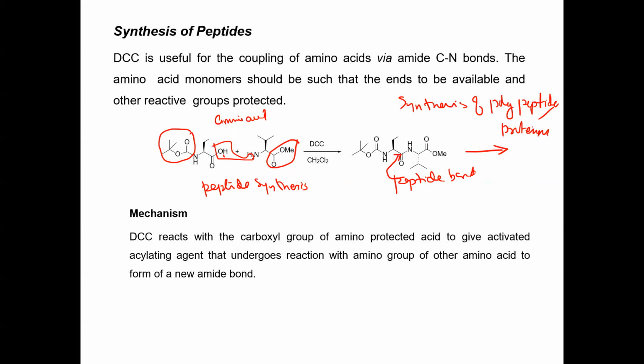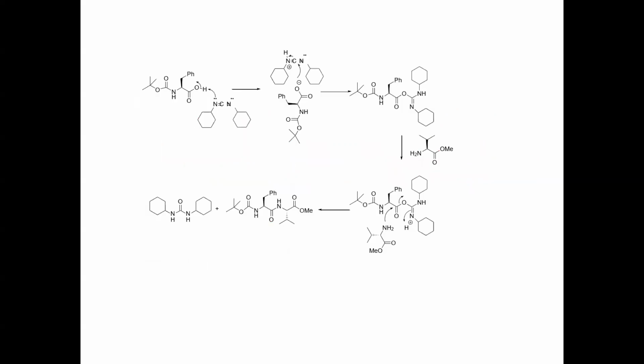Let us see the mechanism of action of the system. This is the DCC compound we have. DCC first gives electron to the free OH of the acid. As a result, this will go off and we will have NH plus, and the O becomes O minus. In the next step, the O minus, being electron rich, gives electron to this carbon, which gives electron to nitrogen.